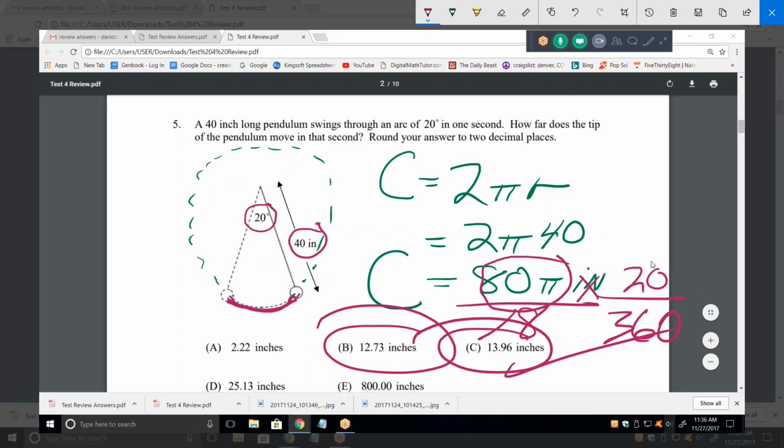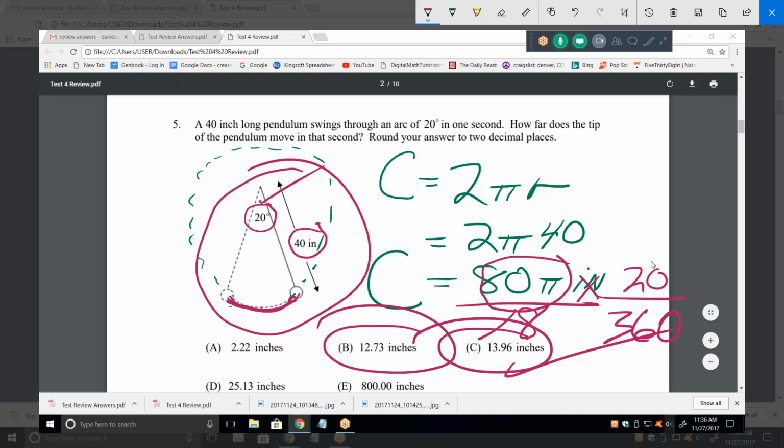And that's the way you do these problems normally, where they give you the angle and they give you the radius. It's easy enough to figure out the circumference of the full circle, and then you multiply it by whatever ratio of that full circle we're looking at. We're looking at 1/18.